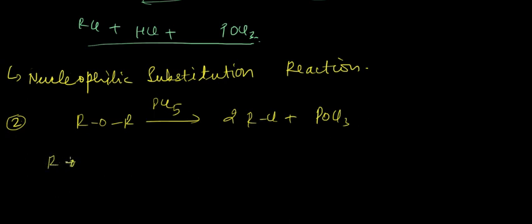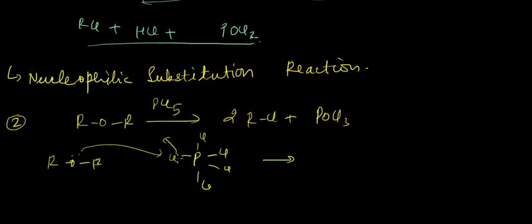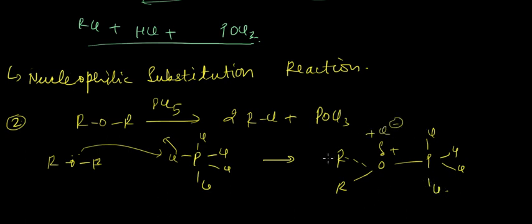So what happens in this reaction is, first this O actually attacks on PCl5 to remove this chlorine atom and to form a bond between O and P, removing the bond between R and O. This will be the intermediate.